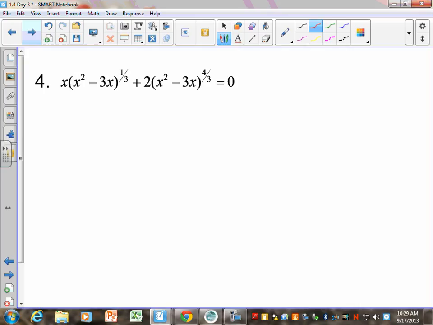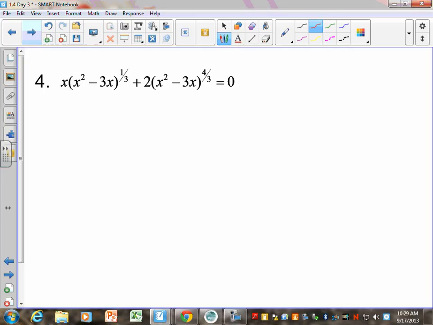There's so many x's. So x times (x squared minus 3x) to the 1/3 plus 2 times (x squared minus 3x) to the 4/3 equals 0. That'd be kind of awful there. The idea is, you see how those parentheses have the same stuff in them, but they have different powers?